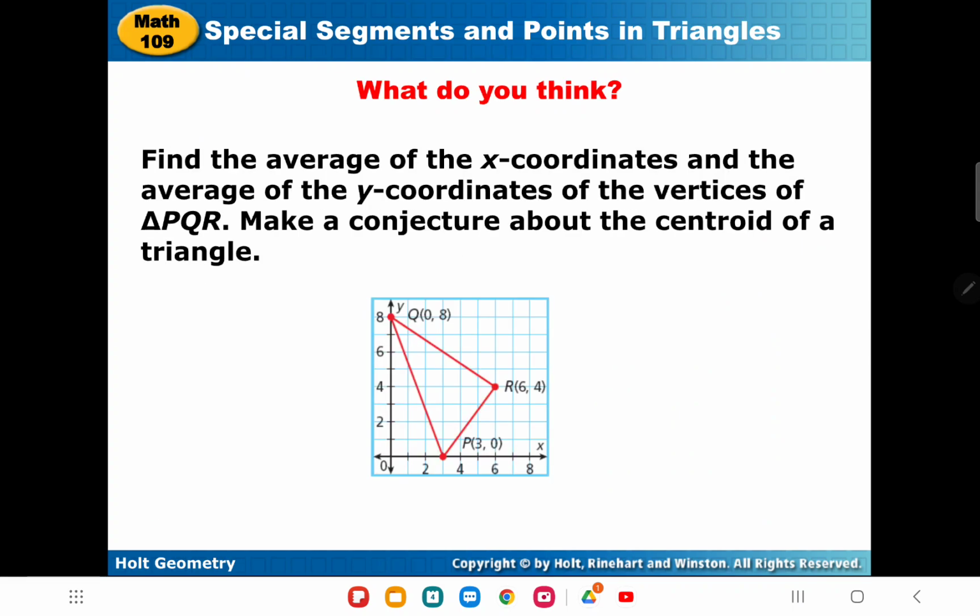Now here's an interesting question. Find the average of the x coordinates and the average of the y coordinates of the vertices of PQR and make a conjecture about the centroid of the triangle. Well, we'll notice that the average of the x coordinates, 0 plus 3 plus 6, is 9.